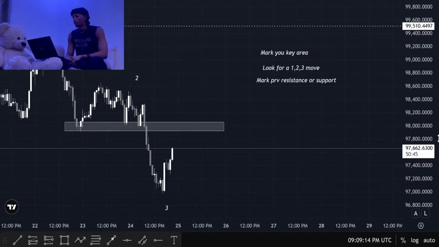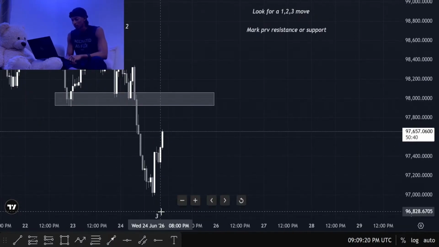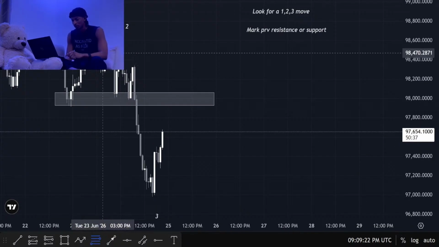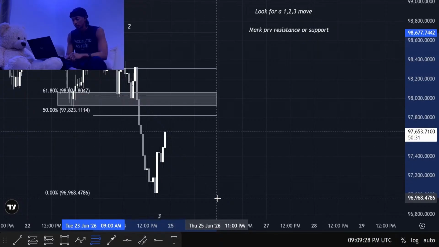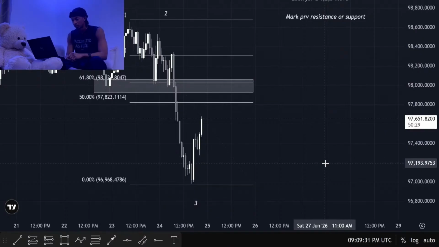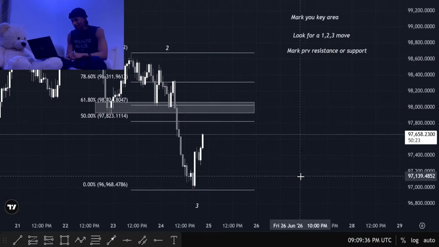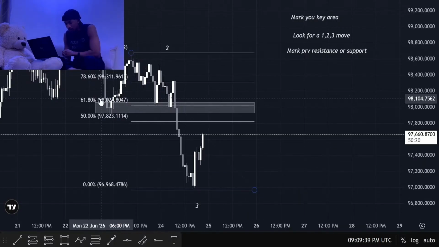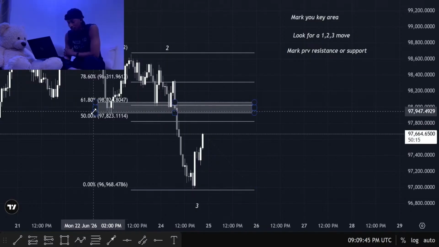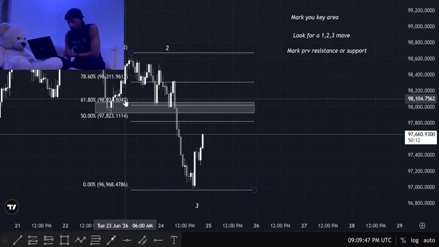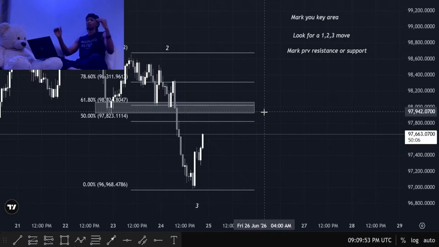Now, the next thing I usually do, and I'm not going to write this down because it's based on my discretion, but I use it most times, is my Fibonacci. As you can see, the previous support or resistance level is around the 50 to 60%, which is usually what's considered the golden zone amongst traders.